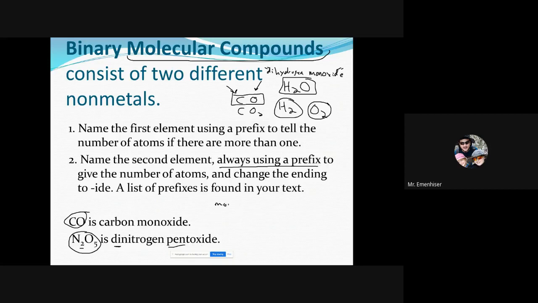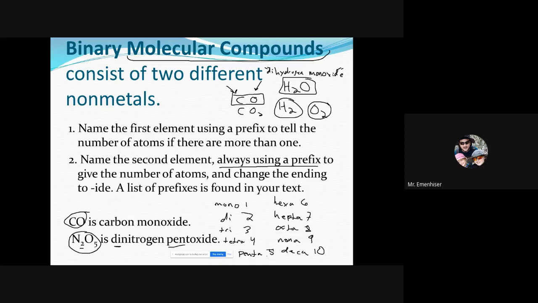Mono is 1, di is 2, tri is 3, tetra is 4, penta is 5, hexa is 6, I think it's hepta is 7, octa is 8, nona is 9, and deca is 10.